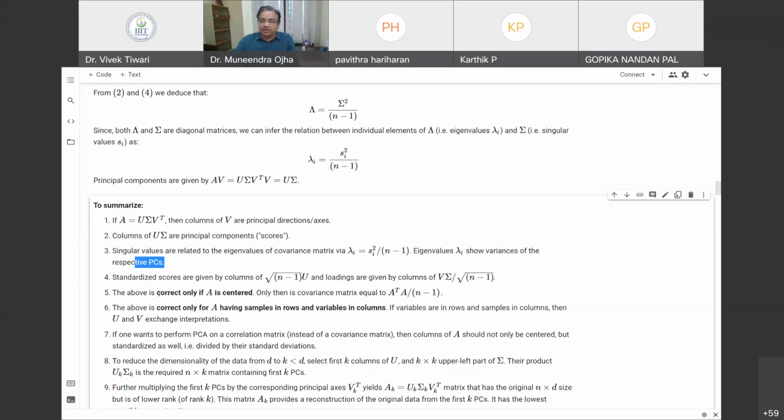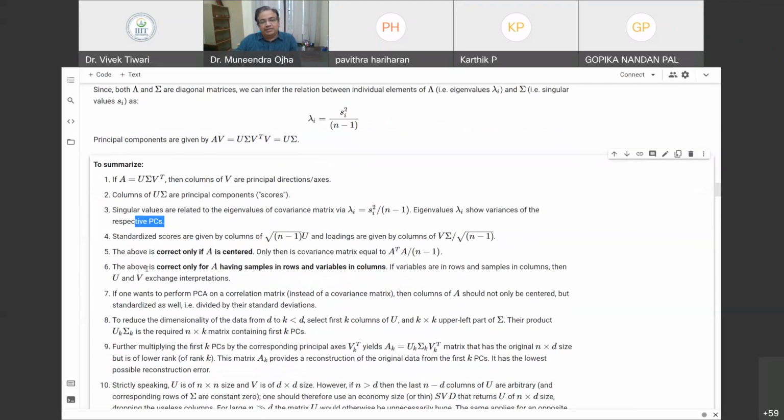So that is one condition with which we actually started, that our data matrix should be centered, right? If it is centered, then only the standardized scores are given by this and the loadings by the columns of this.